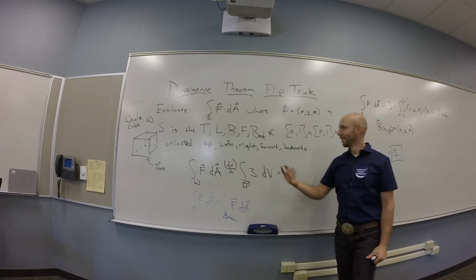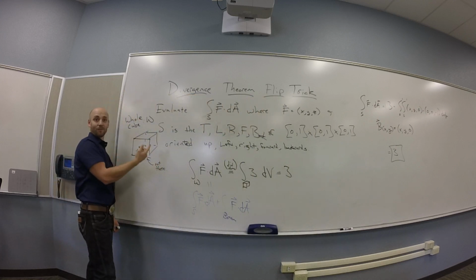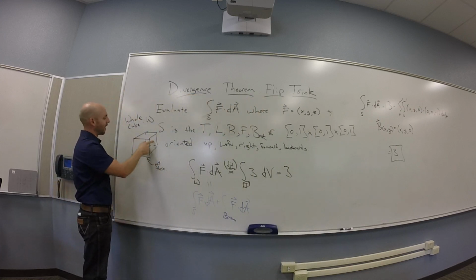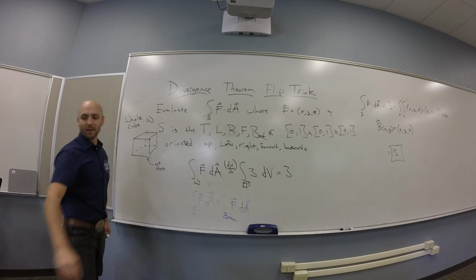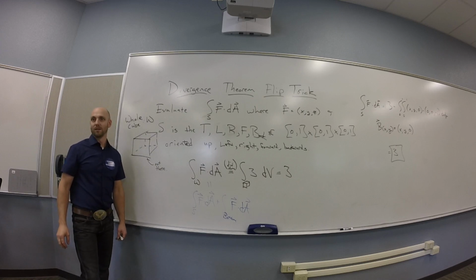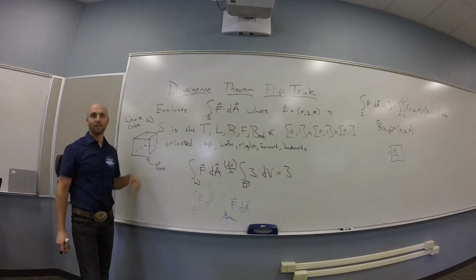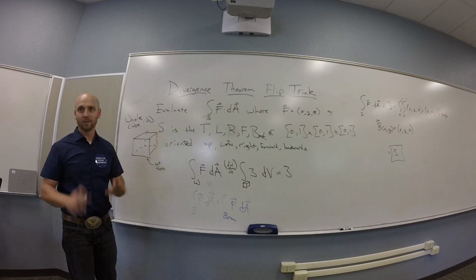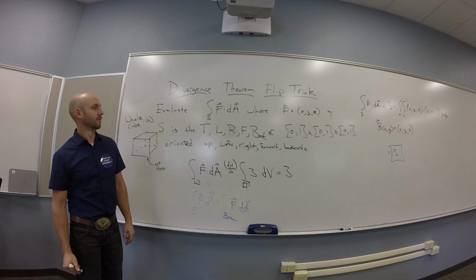Away from us, above, and to our right. All the flux is through the right side, the top, and the back, because on the other faces those are 0. They're flowing parallel to those faces, so there's no net flux.